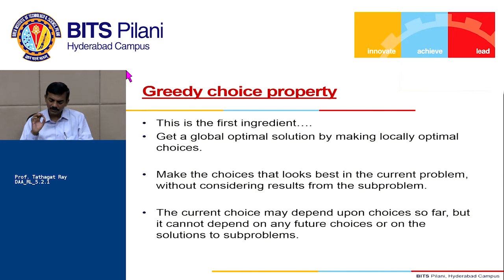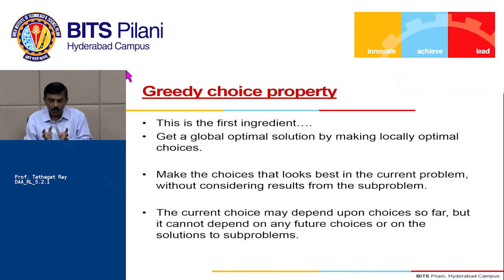So you want to see that in order to get a global optimal solution, you can do that by making some local optimal choices. So I can reach my global optimal solution by making local optimal choices. Make the choices that look best in the current problem.